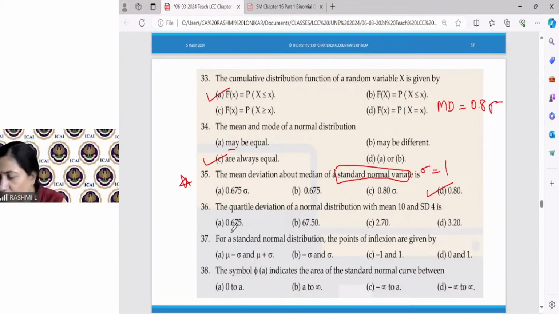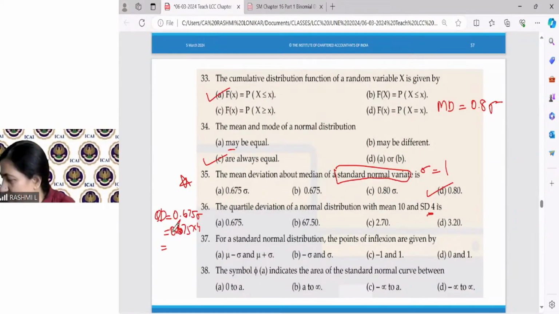The quartile deviation of a normal distribution with mean 10 and standard deviation 4 is. Okay. Now the quartile deviation formula is what? 0.675 into sigma. And here there is no standard normal variate. This is talking of the normal variate with mean as 10 and standard deviation as 4. So this is equal to 0.675 into 4.